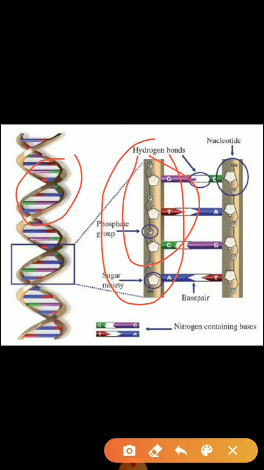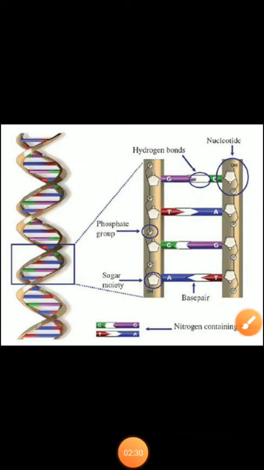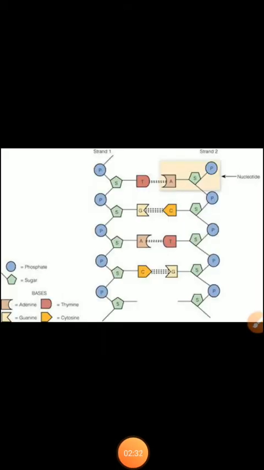This nucleotide itself has three components. What are they? First one is a phosphate group. Second one is a sugar unit, that is pentose sugar, and third one is a nitrogenous base.